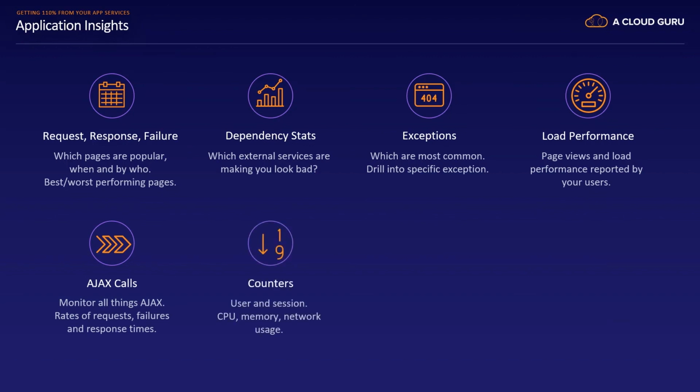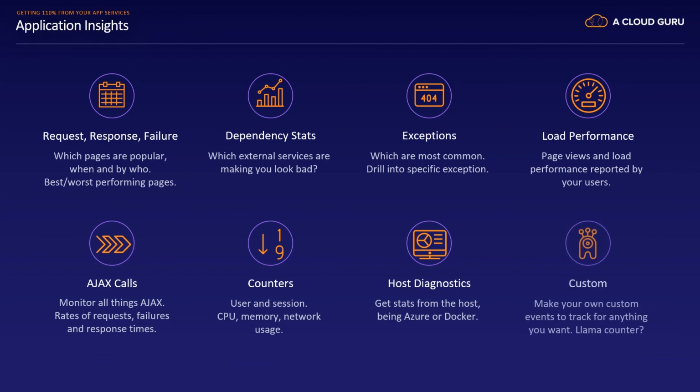Performance counters such as user and session count, CPU, memory, and network usage. And host diagnostics from Docker or Azure. And you can also write custom events and metrics in the client or server code. My point with rattling all this off is that if you do any kind of development of app services and you care about the performance and health of it, Application Insights is about the first thing you should set up.